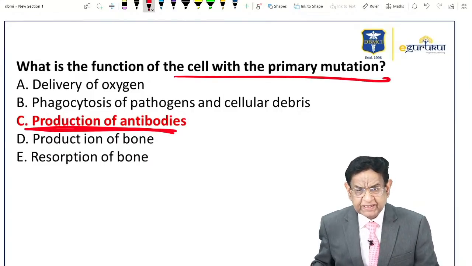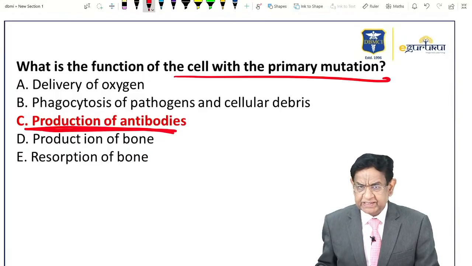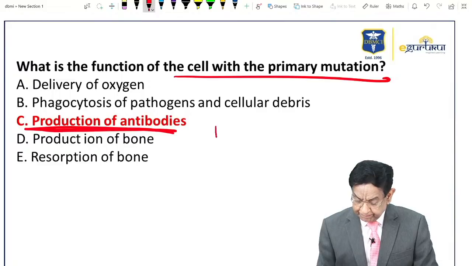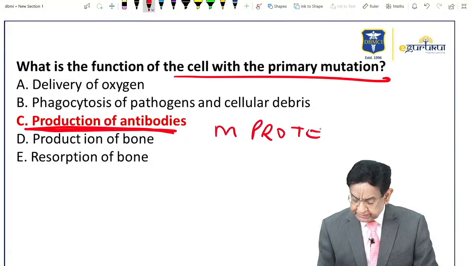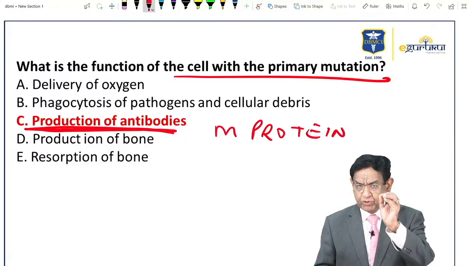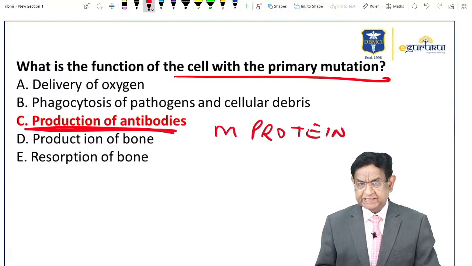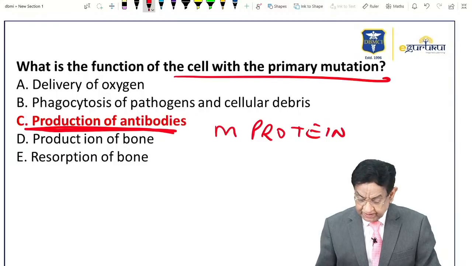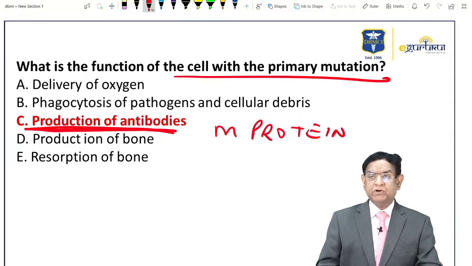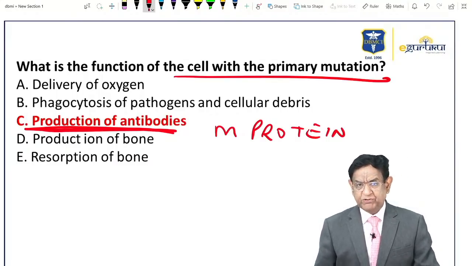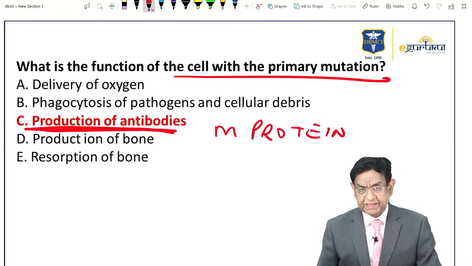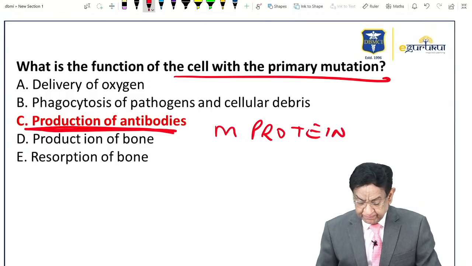For the function, antibodies, IgG or IgA, are so-called M proteins. M proteins means any type of immunoglobulin raise, like IgG or IgA. So the primary pathology of multiple myeloma, I don't need to elaborate. We just had a long enough discussion about pathology, pathophysiology and immunology: increased production of antibodies.